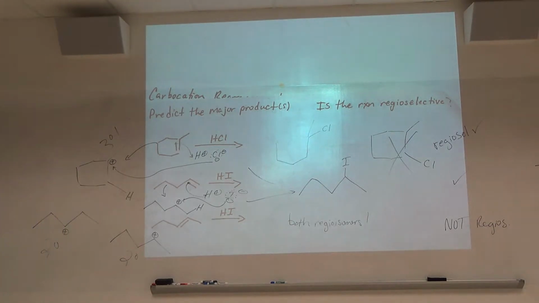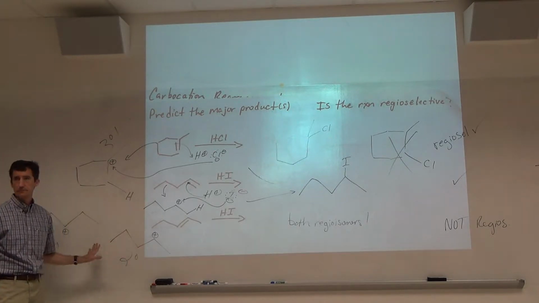No, there's no reason to expect that. Now, it depends on what you mean by regioselectively. Is 51 to 49% regioselective? Actually, that is. But for us, we're looking at kind of a predominance. This is going to be basically 50-50.